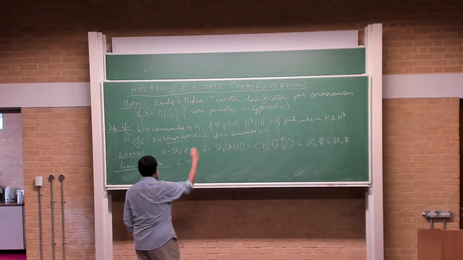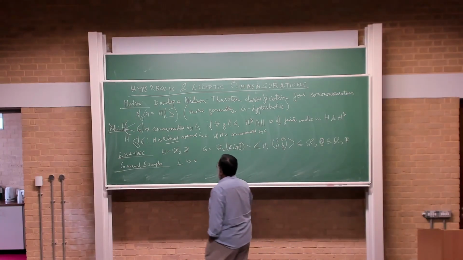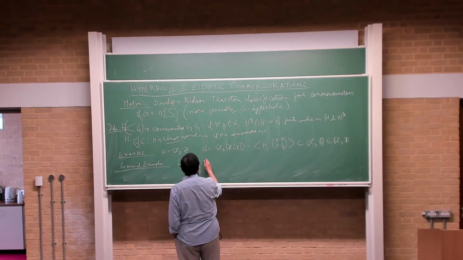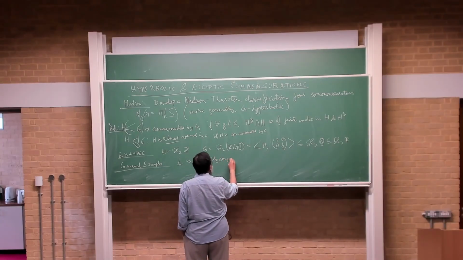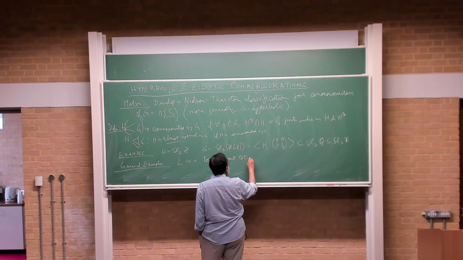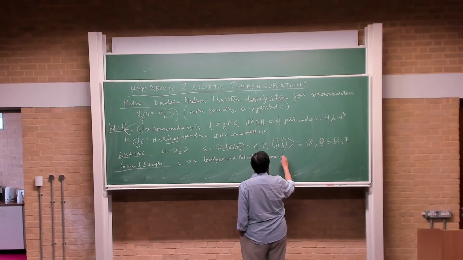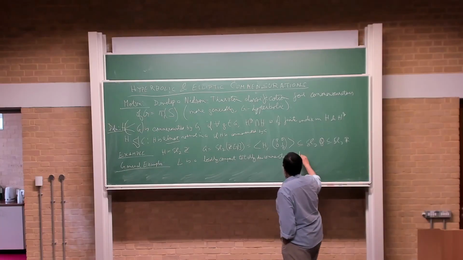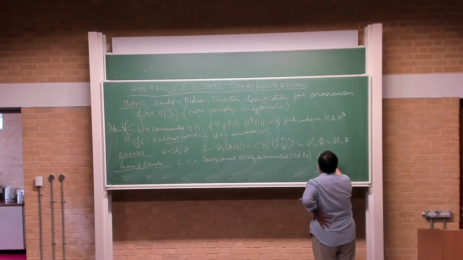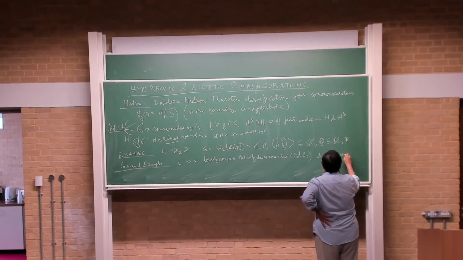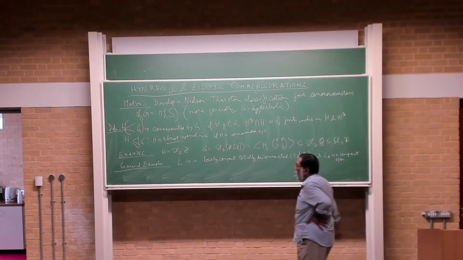And we'll say how to go between these two languages very soon. So let's say L is a locally compact, totally disconnected group, and I'll shorten this to the usual thing, TDLC.